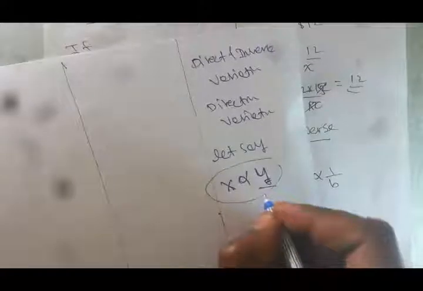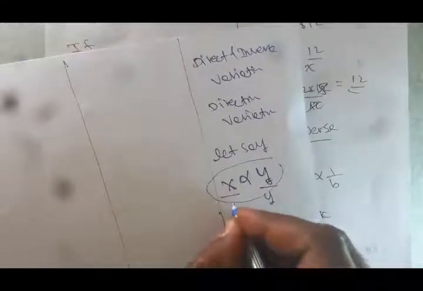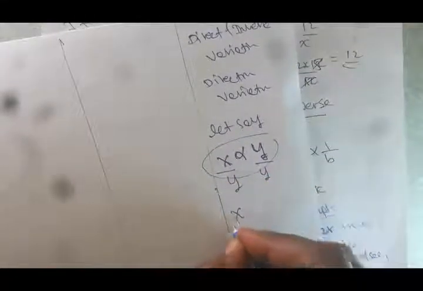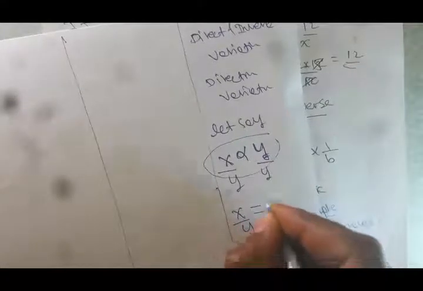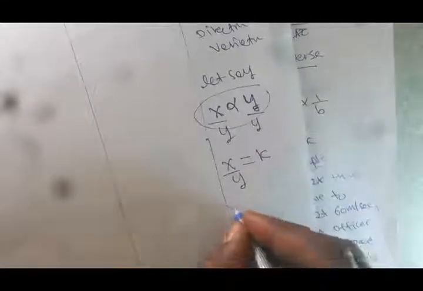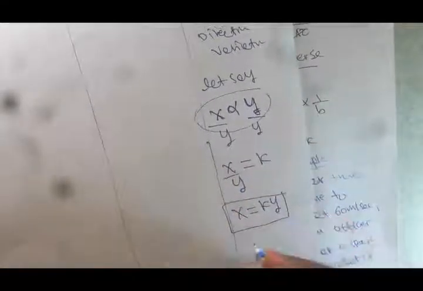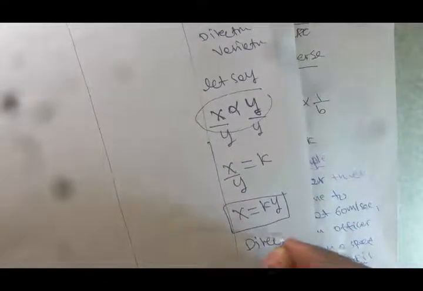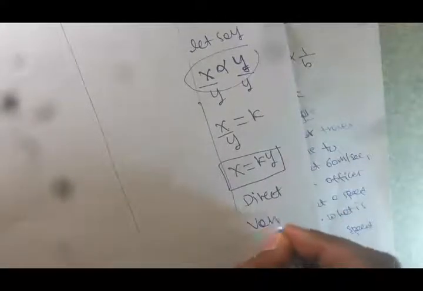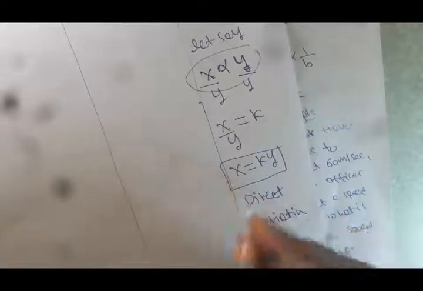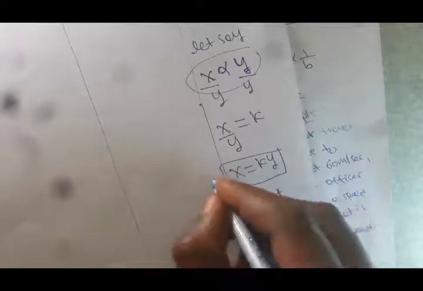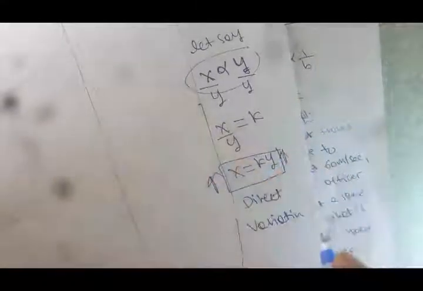When we divide by y, x over y is equal to a constant k. Therefore x is equal to ky. This is direct variation, or a direct function. It has a direct relationship. When x increases, y also increases.